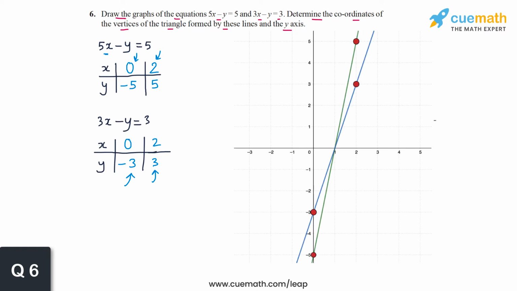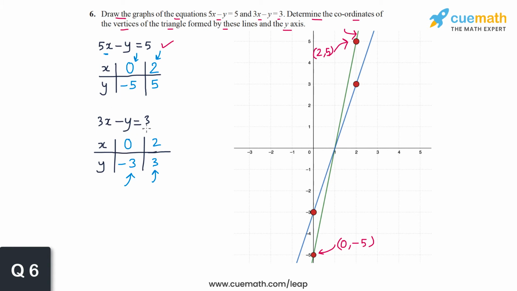So here is what the lines will look like. For the first line, the two solutions are 0 comma minus 5 and this point here, which is 2 comma 5, and this green line is the line corresponding to the first equation, 5x minus y equal to 5.